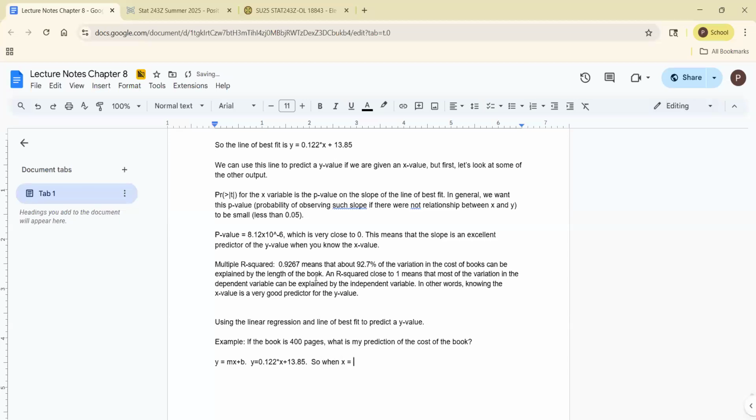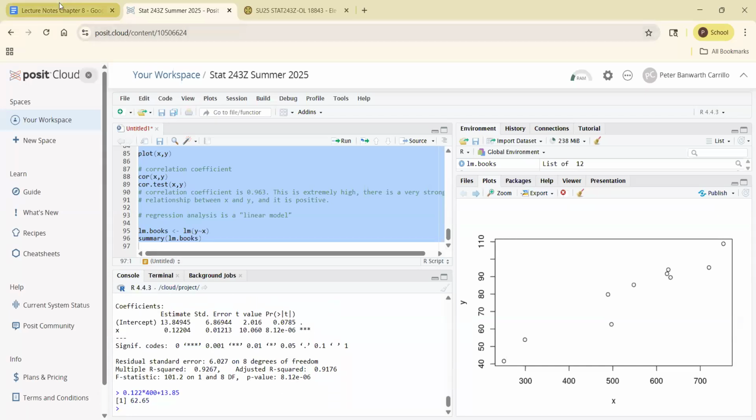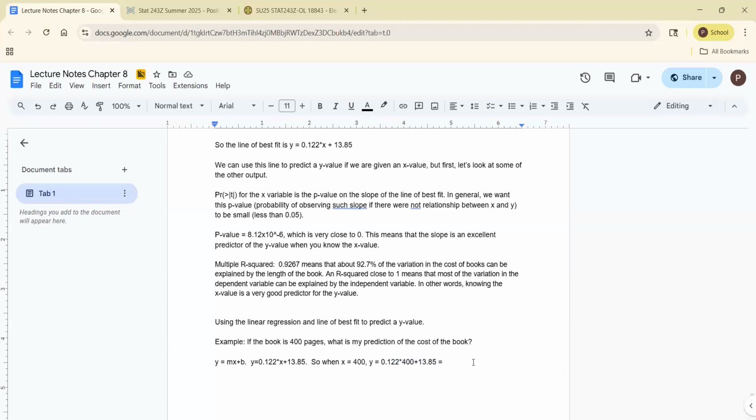So when x equals 400, y equals 0.122 times 400 plus 13.85, which equals $62.65. This is my best guess for the cost of a 400-page book.